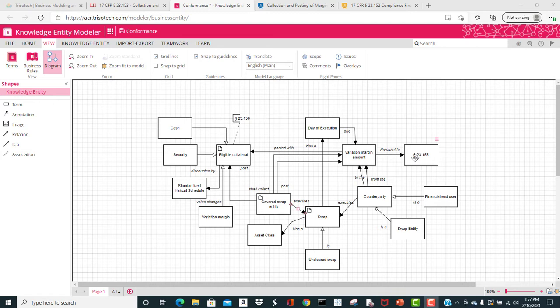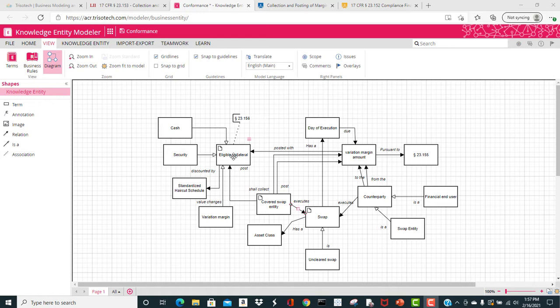And if we were to make a more thorough analysis of this regulation, we would probably have a concept model that would extend into the entities and verbs of 23.155. However, we have broken out the eligible collateral regulations, which are 23.156.